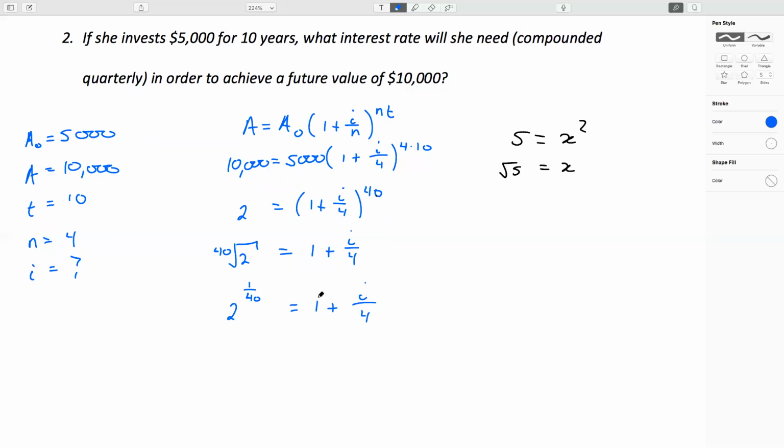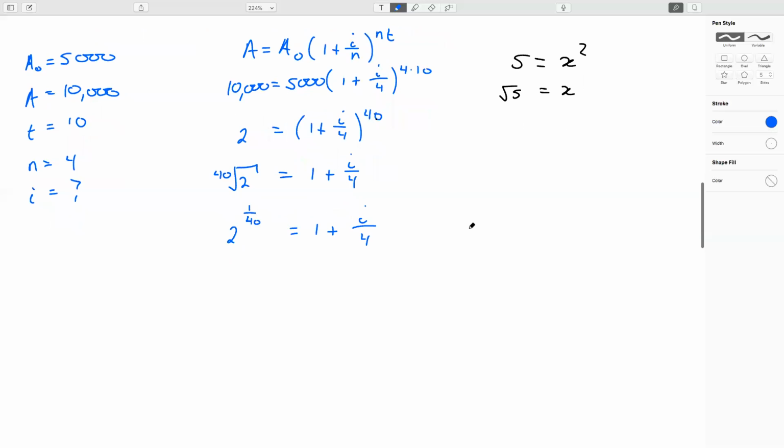We've got to then subtract 1. 2 to the 1 over 40 minus 1 equals I over 4. And then the last thing we've got to do is take this 4 and multiply everything by 4. So 4 times 2 to the 1 over 40 minus 1 equals I.